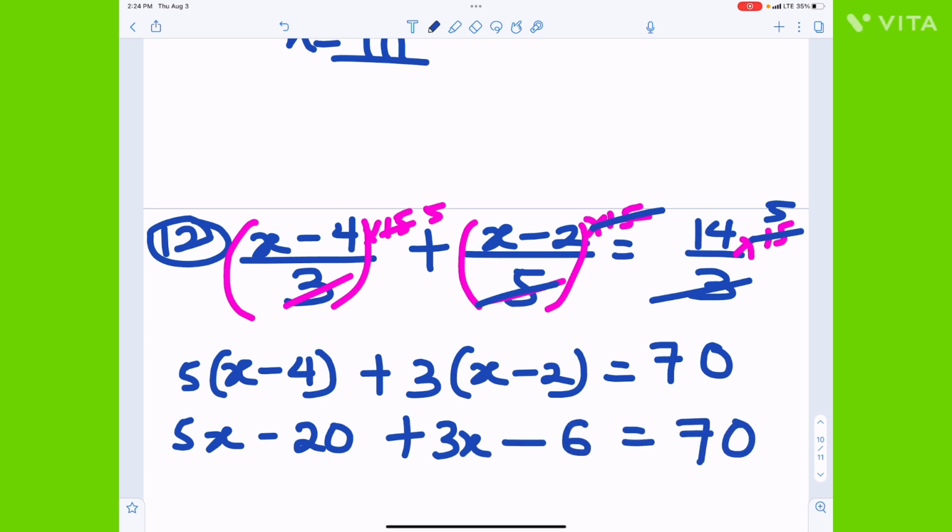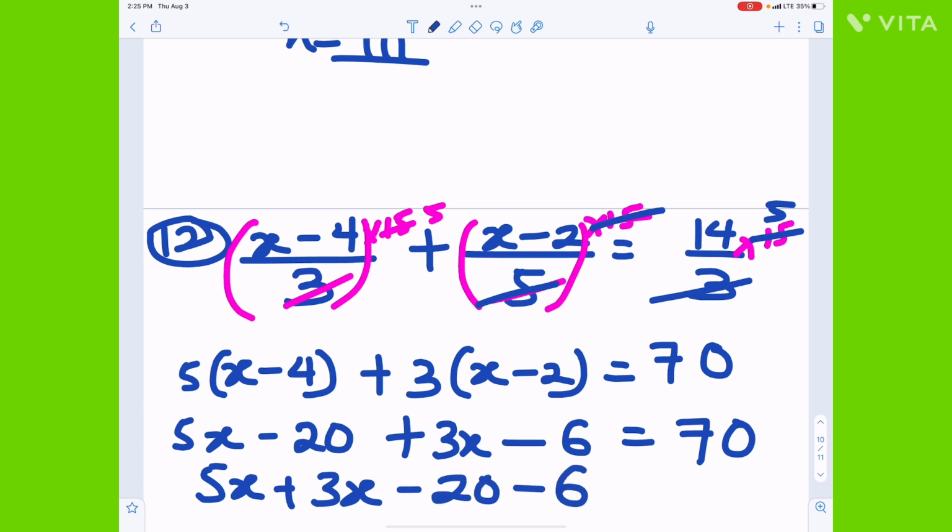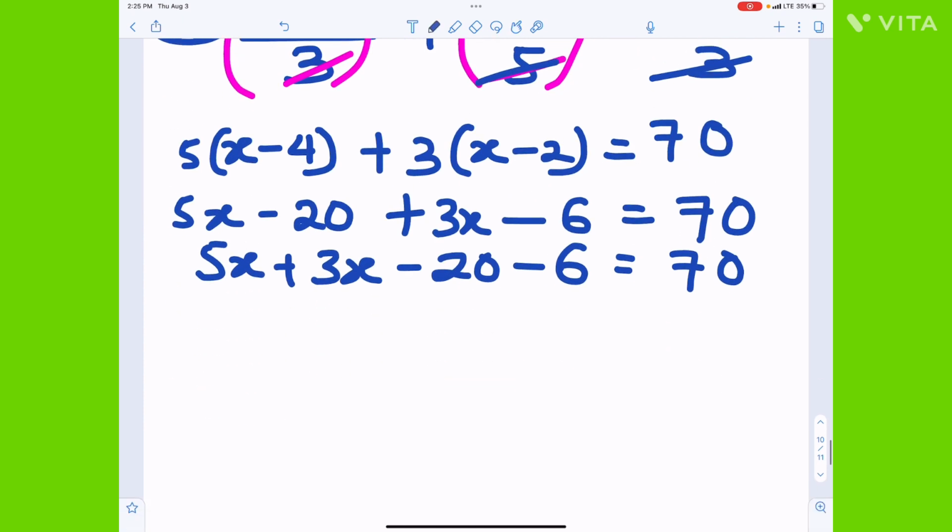Let me go over that slowly again. 5 times x, 5x. 5 times minus 4, minus 20. Plus 3 times x, plus 3x. And plus 3 times minus 2 will give me minus 6 is equal to 70. So rearranging, 5x plus 3x minus 20 minus 6 is what? 70. Take note of the rearrangement.